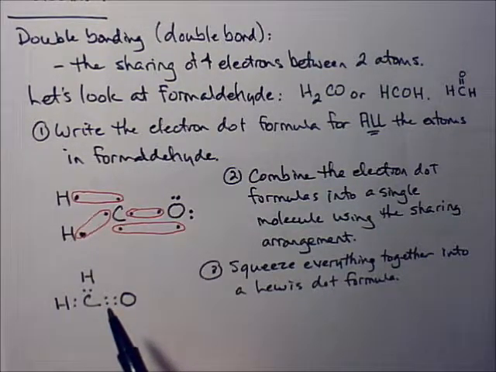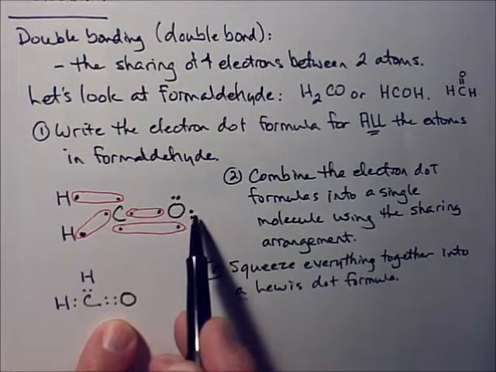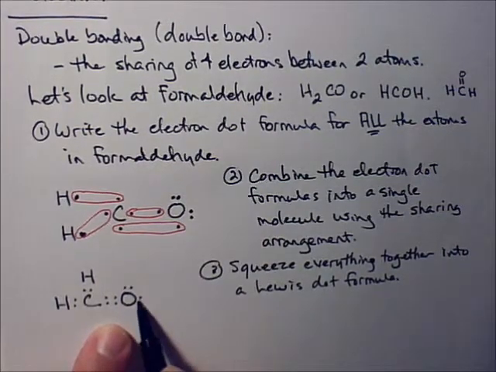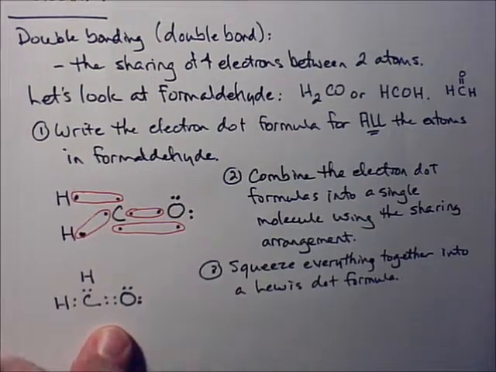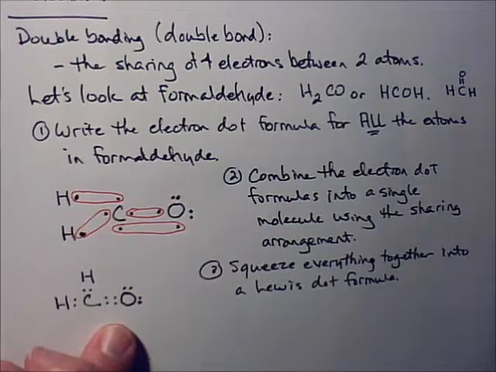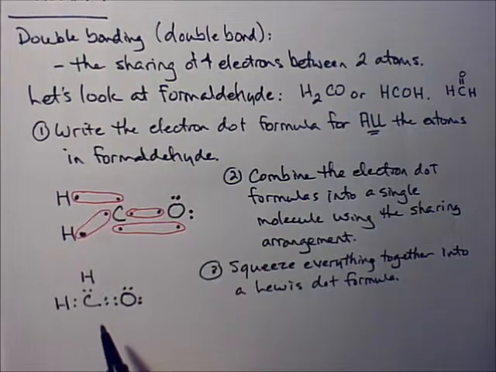Then the remaining electrons, now these are called lone pairs, they just stay on the oxygen out there because they're not tied to anything. We're going to keep them there in this Lewis dot formula. You could put them right here, well, no, instead of doing the box, it's got to be shared between the carbon and the oxygen. That's true.